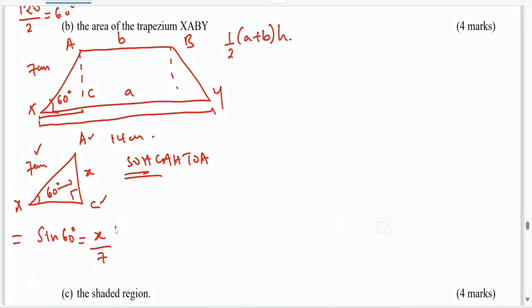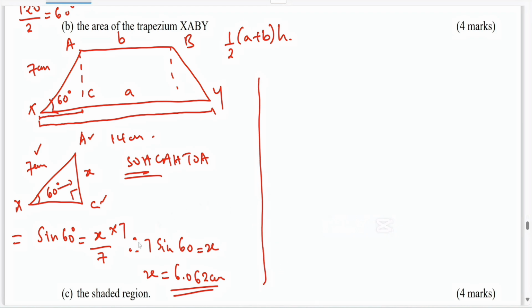So if you want to find x, that means 7 times sine 60 is equal to x. So x is 7 times sine 60, how much is it? 7 sine 60 will give you around 6.062 centimeter.